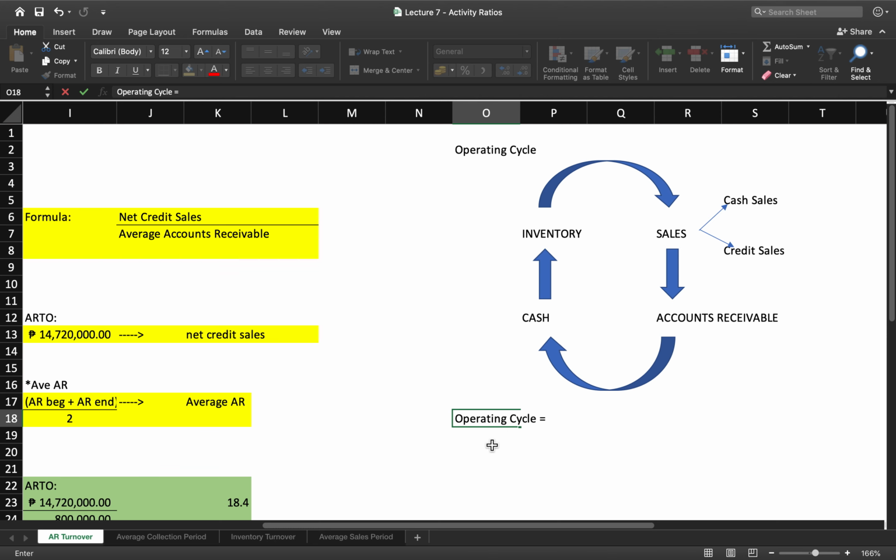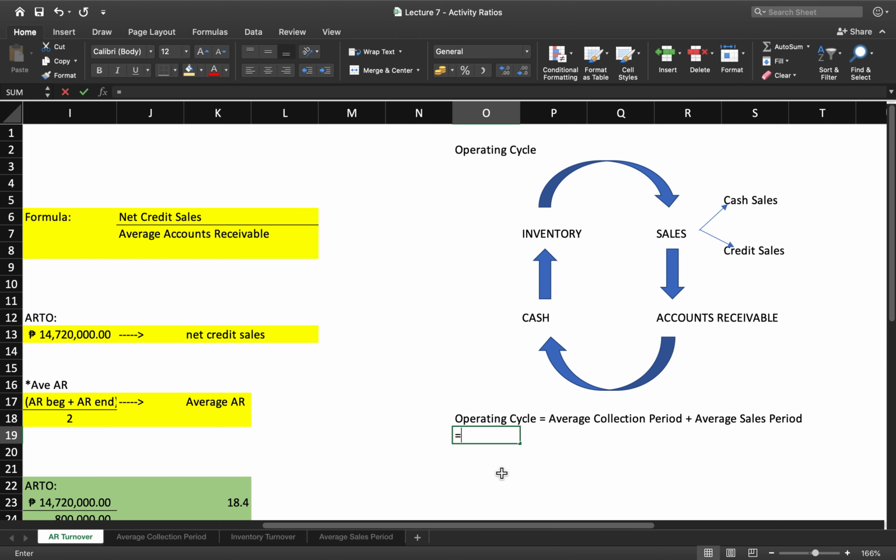If we will add average collection period plus average sales period, it would equal to operating cycle. So, average age of inventories plus average age of receivables.